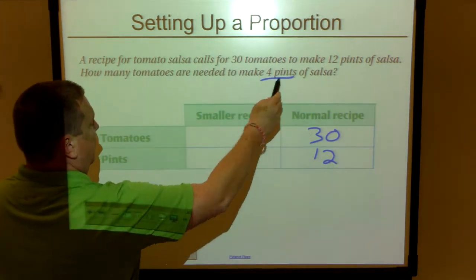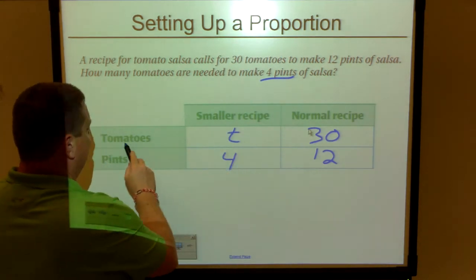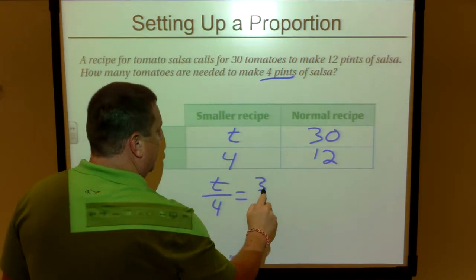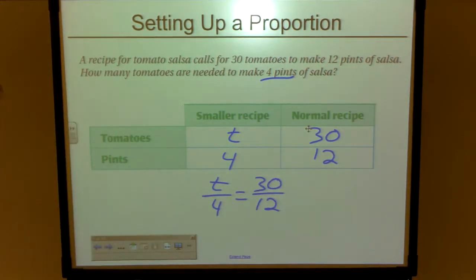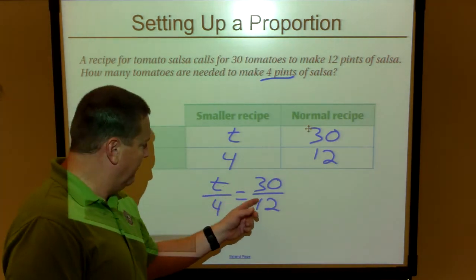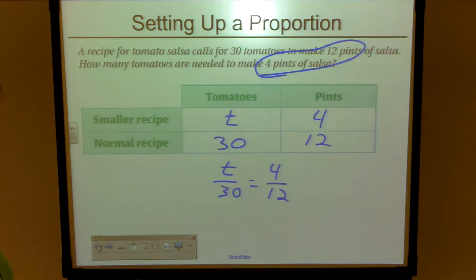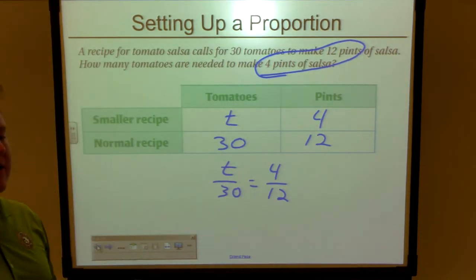We're going to only make, on the smaller recipe, 4, and we're still going to use t for tomatoes. So I have t over 4 is equal to 30 over 12. And this is going to be the same proportion as the last one. You'll notice on a diagonal here I have a 12 and a t and a 30 with a 4. And on the previous one I have a 12 and a t and a 30 and a 4 on the same diagonal as I did before.